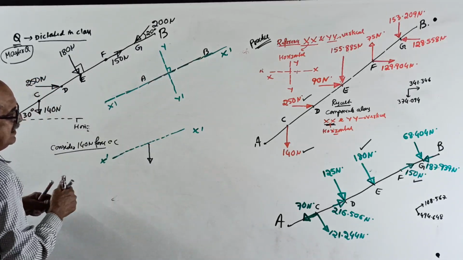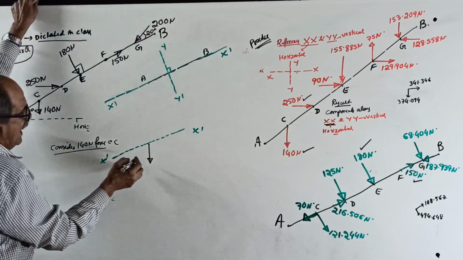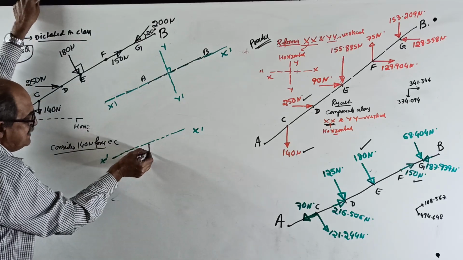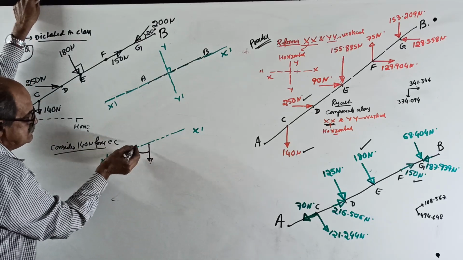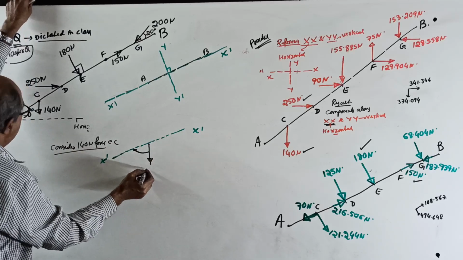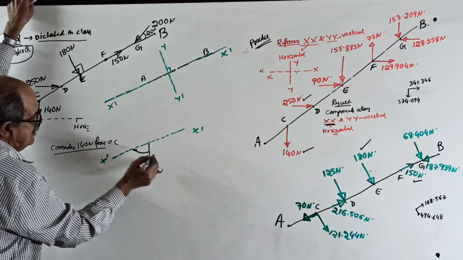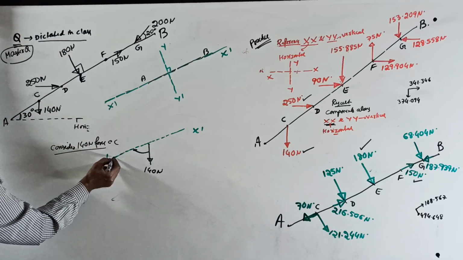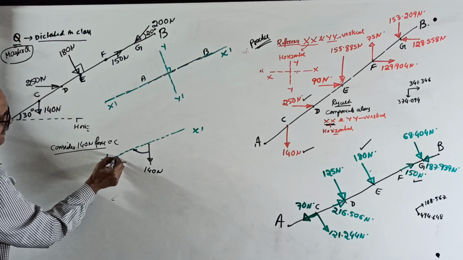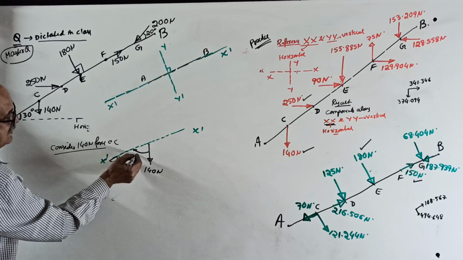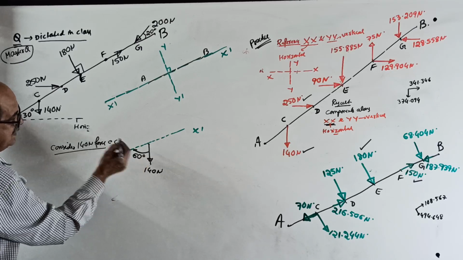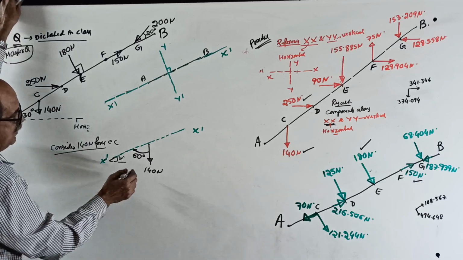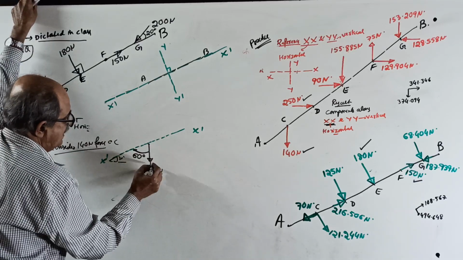We always want the angle made with the nearest plane. What is the force here? This is 140 Newton. If this is 30 degrees, this will be 60 degrees. Very clear. Now this is a pure vertical force.